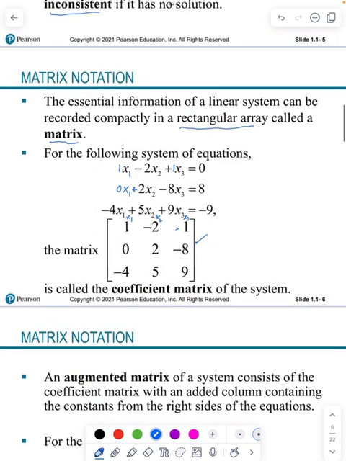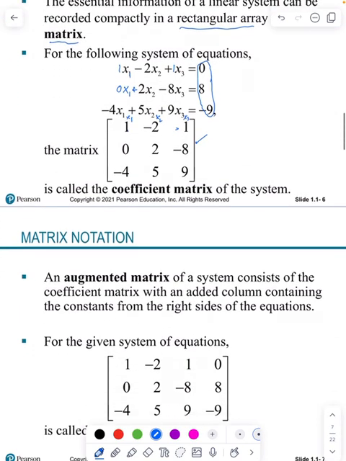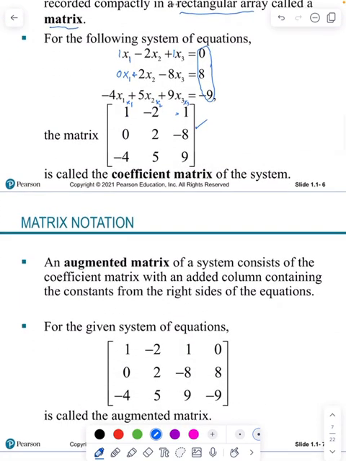Now, what we often do when we are solving this system is take these numbers and put them alongside these numbers, and we call it the augmented matrix. So what does the augmented matrix look like? It looks like this. This is our coefficient matrix, and then on the right we put the numbers which were on the right side of the equations, and usually we put a straight line.